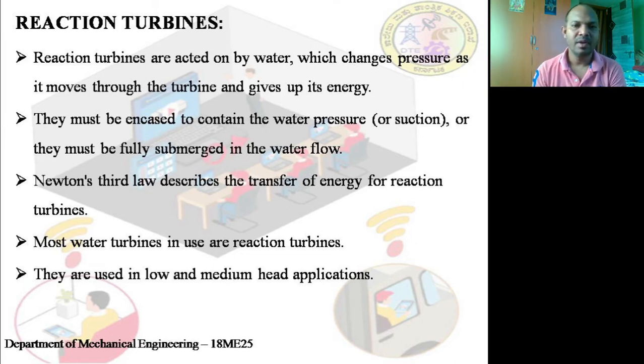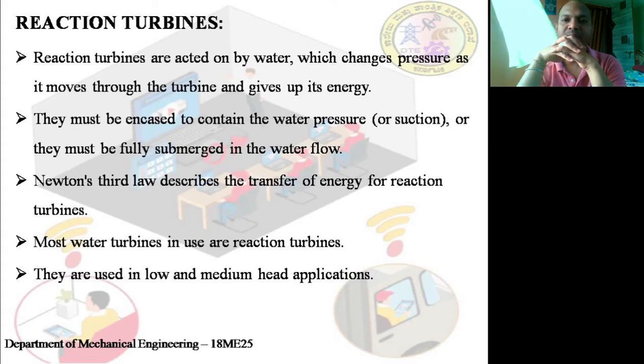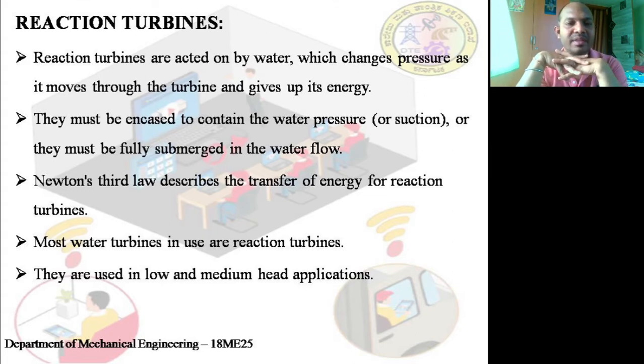Okay. Now, most water turbines in use are reaction turbines. The major advantage of being a reaction turbine is that these turbines can also produce electricity at low head. We cannot expect the rain to be the same for all 365 days or all the years.